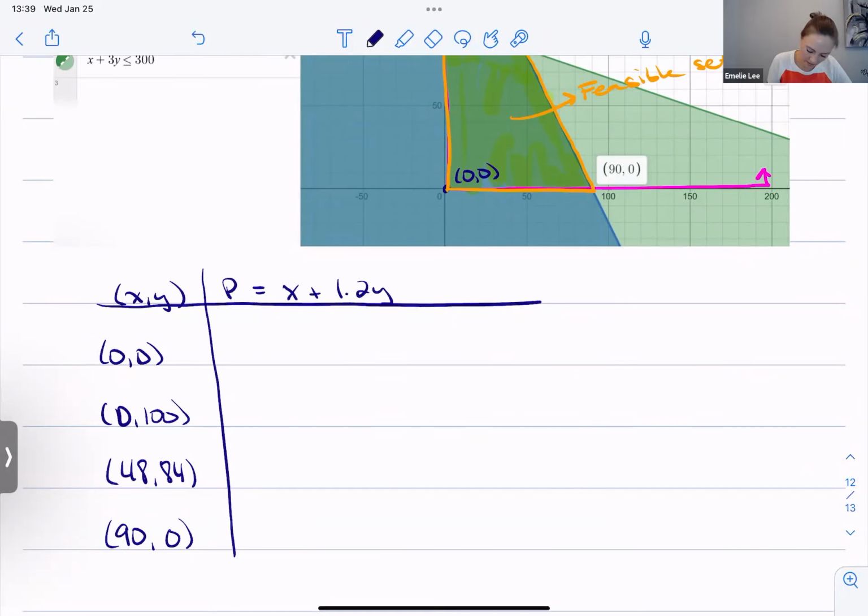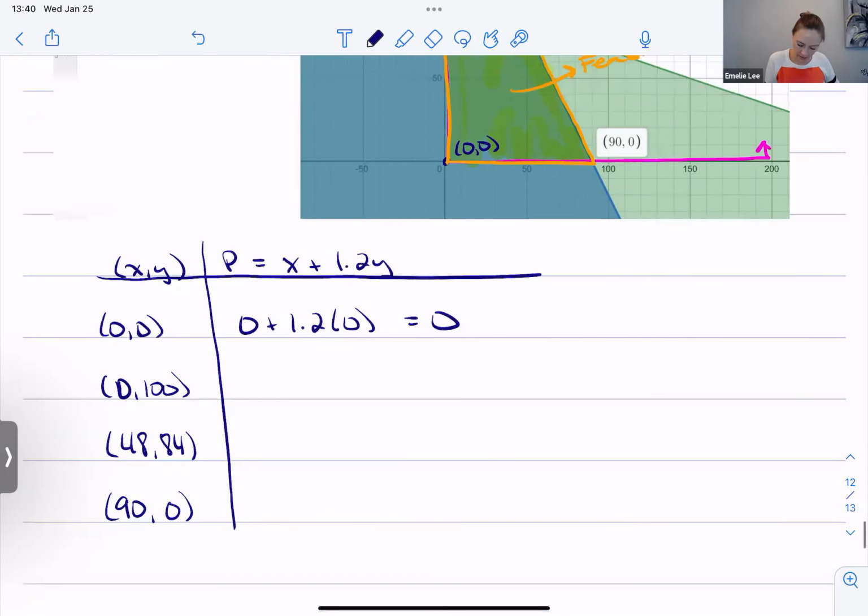So when x is 0 plus 1.2 times 0, the profit is 0. No surprise, right? Let's see here. When x is 0 plus 1.2 times 100, I get 120 in profit.